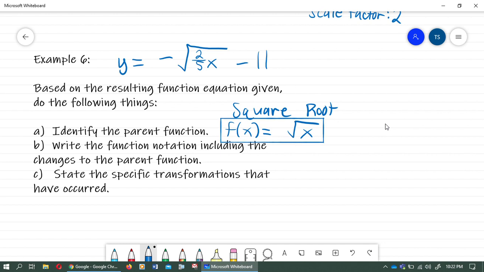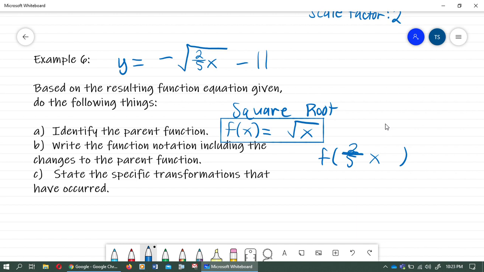And there are changes happening outside of the function and inside of the function for this. Inside of the function, that's the part up under that radical with the x. The only thing happening inside is that there's a number being multiplied. That number is 2/5, multiplied times x on the inside.